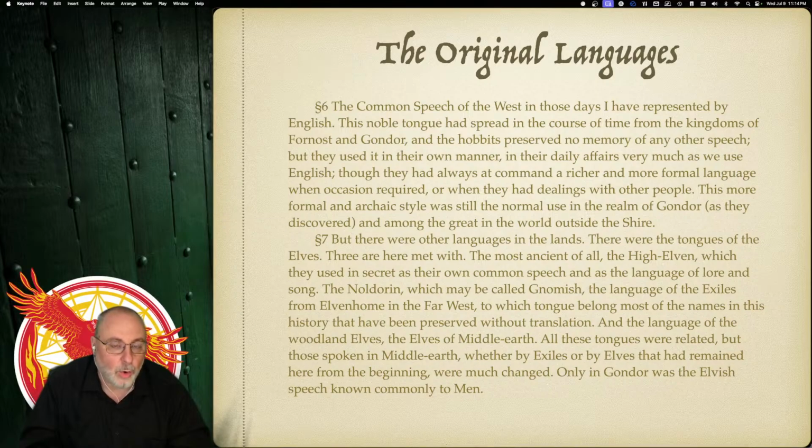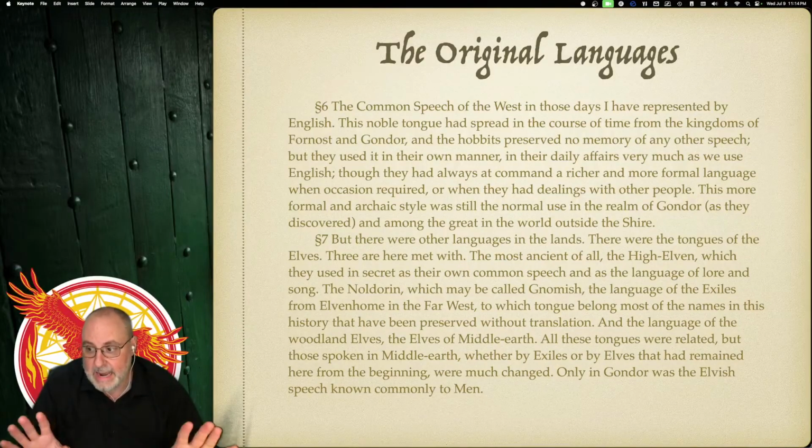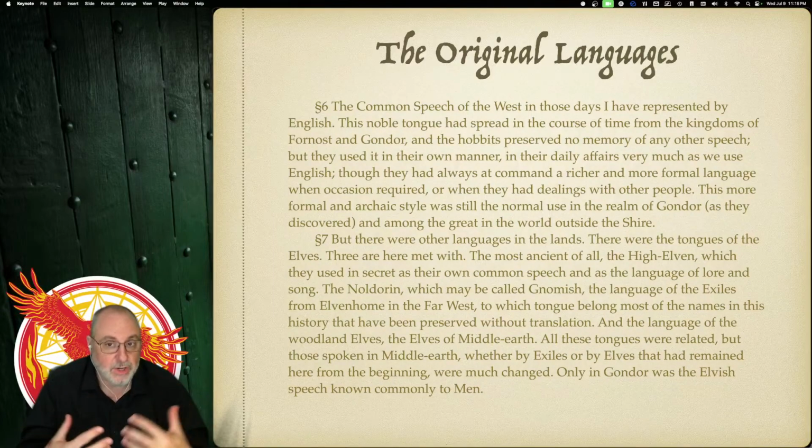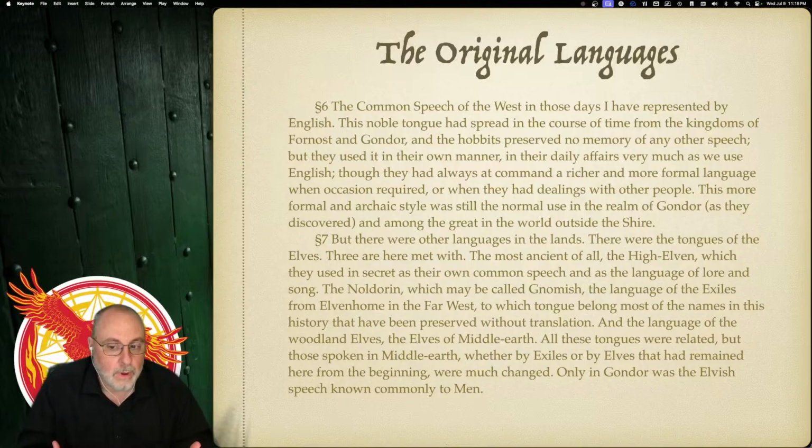You know, words like Gondor and Mordor, but most of them, right? Okay, so the first one we know as Quenya. The second one we know as Sindarin, though the language of the exiles from Elvenhome in the far west? I know, James, right? That's really confusing. Not even to mention how confusing the names are, right? But he calls the language, which in its description is clearly Sindarin, the language of the exiles from Elvenhome in the far west.